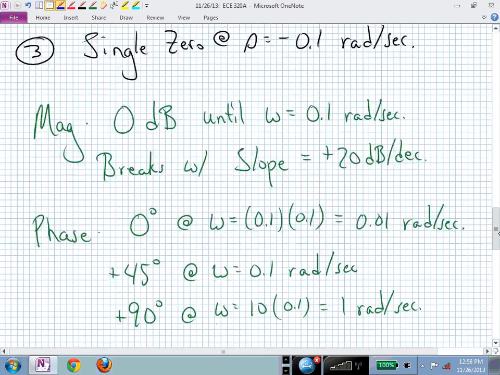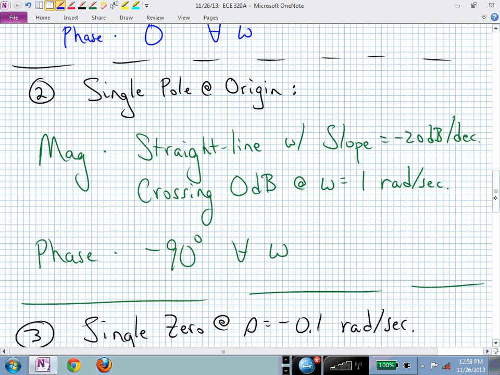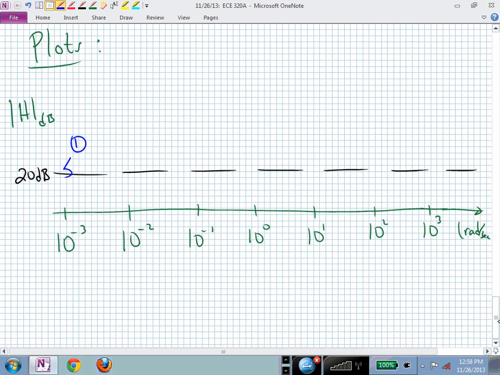Then the pole at the origin, term number 2 in terms of magnitude, that's a straight line. It's always sloping down, and it's passing through 0 dB. Here is 0 dB at omega equal to 1. So if it's sloping, it's going to be minus 20 at 10, and it's going to be plus 20 at 0.1.